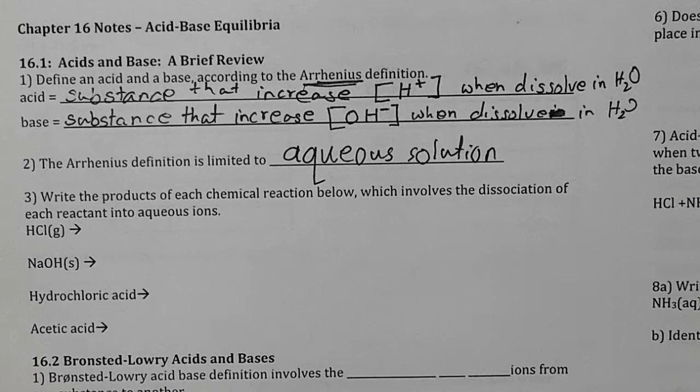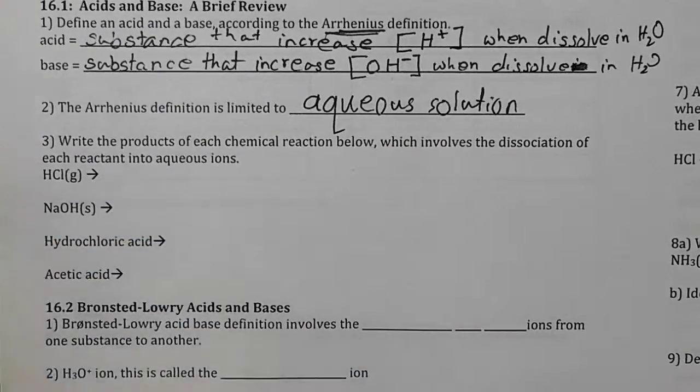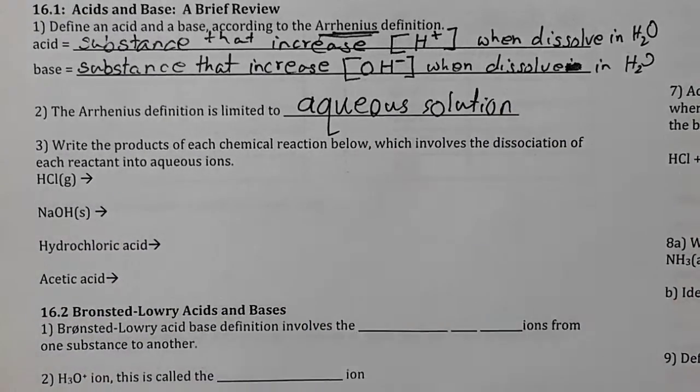Are there any solid acids that can eat stuff while solid? By definition, you could, but not by the Arrhenius definition. So there are different acid-base definitions that we have. By Arrhenius, no. Arrhenius only talks about aqueous solution.